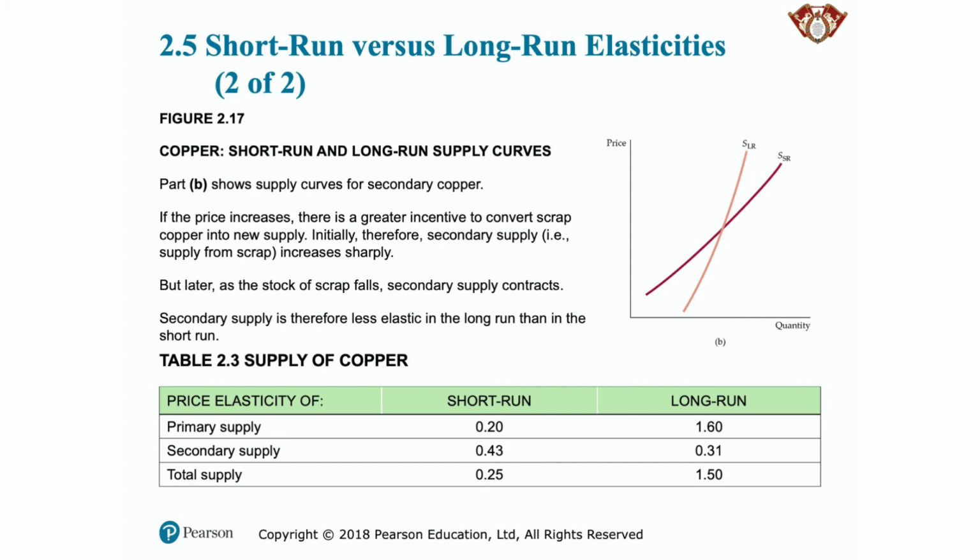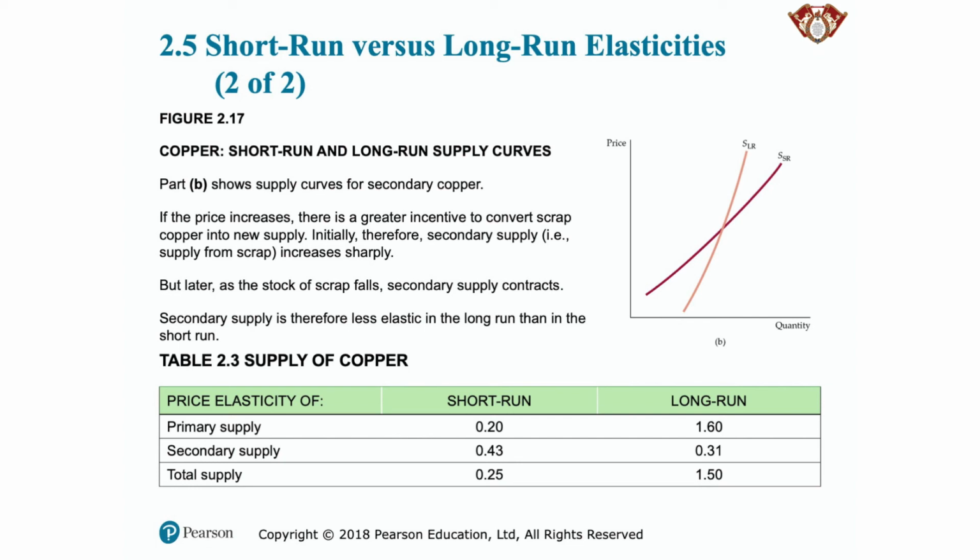But now think about secondary copper, right? Part B shows the supply curves for secondary copper. If the price increases, there is a great incentive to recycle copper, to convert scrap copper into new supply.